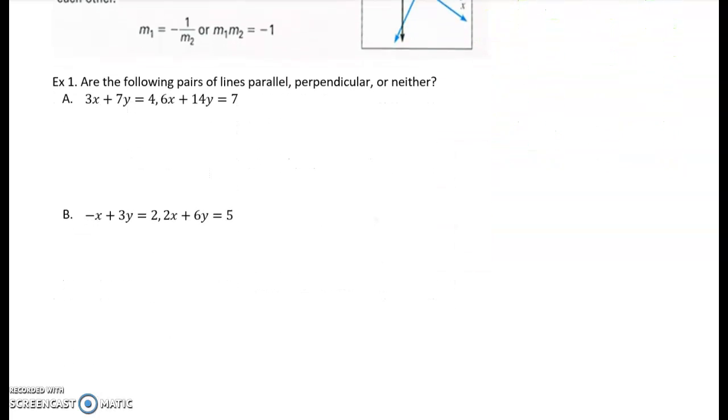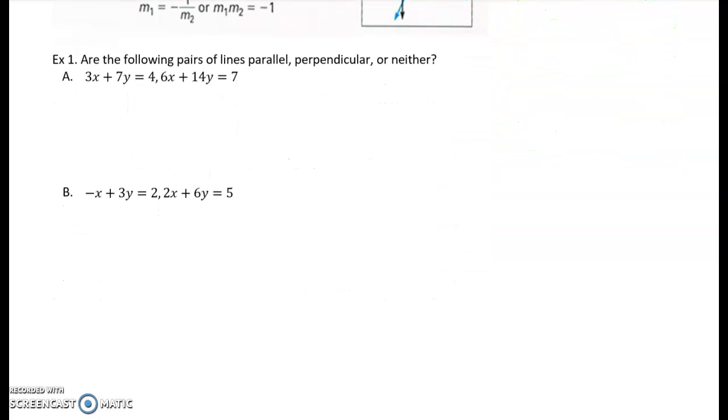All right, so what we're going to be doing is, are the following lines parallel, perpendicular, or neither? So we're going to have to rely on our format, that is y equals mx plus b, our slope-intercept. So I'm going to convert both of these into slope-intercept. So I have 3x plus 7y equals 4.